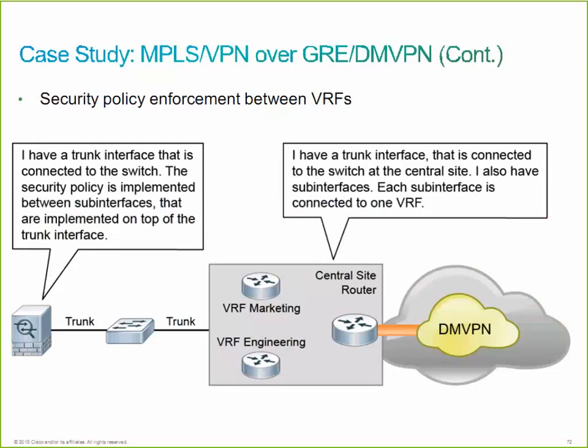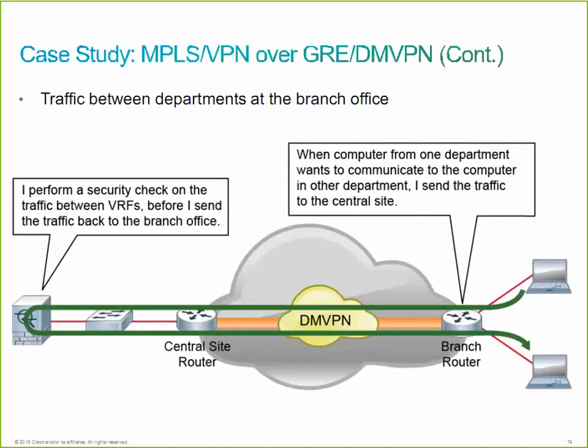We can even do traffic inspection if we want to. Seems like a very complex design, but a huge amount of flexibility here. I'm not saying that this case study really applies to every environment, because you may not have the need for centralized policy control, and you might just use localized policy control on the VLAN interfaces at the branch site.